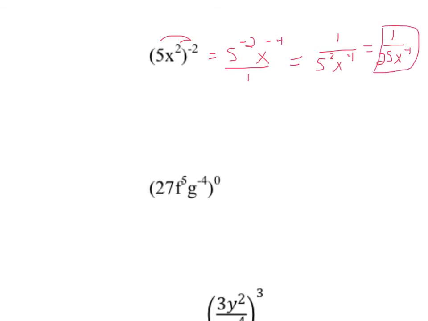Now you could have done this another direction if you so choose, and I'll do that just for your preference. Since it's over 1 and you have negative 2 power right away, I could have done this right away.